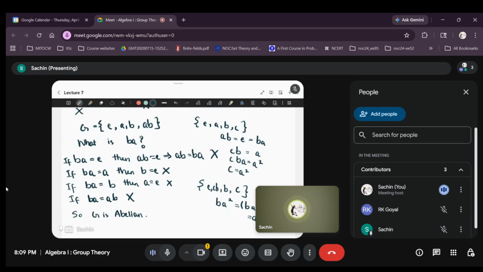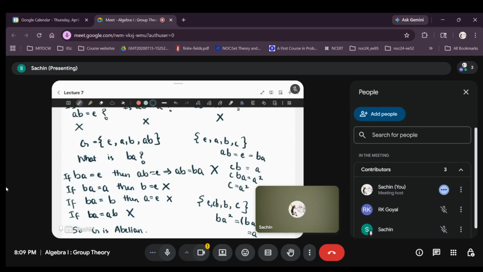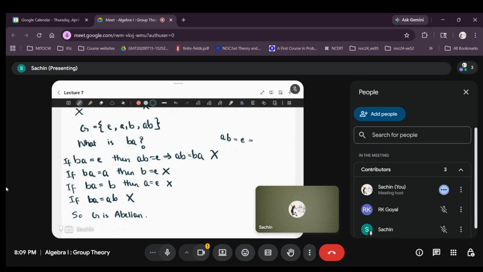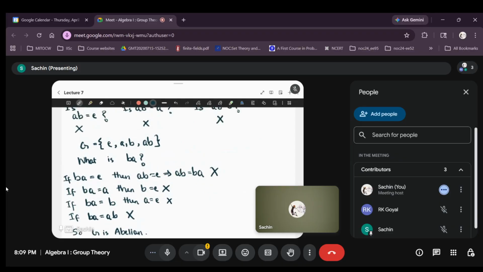Actually, what I remember is that for four there are two different structures you can have. I don't remember for five, but for four there are two different group structures. One is the cyclic group, which could be of the form E, A, A square, A cube.